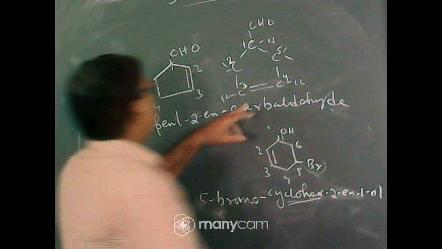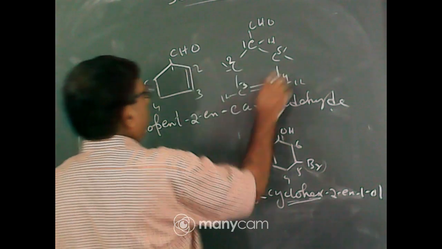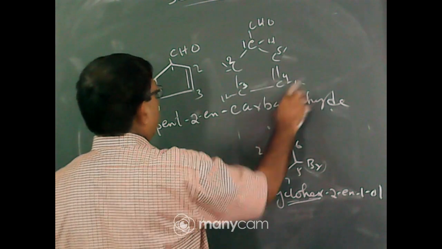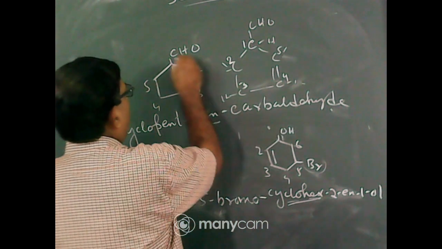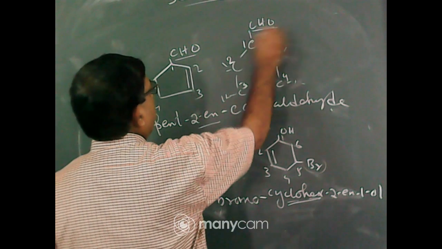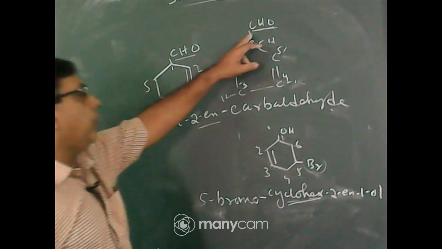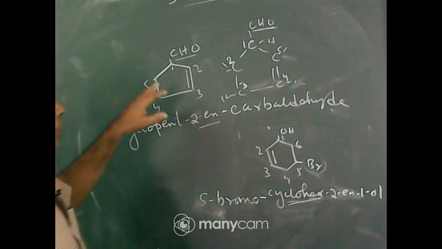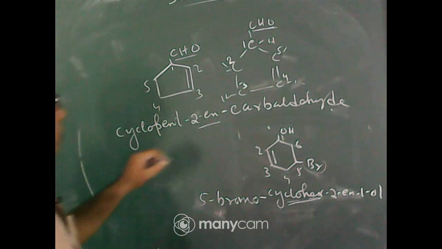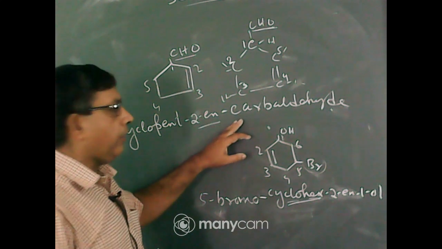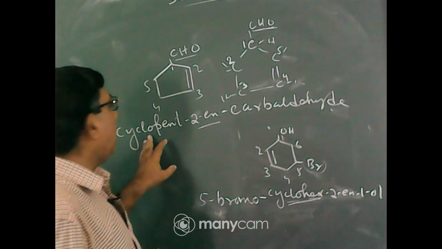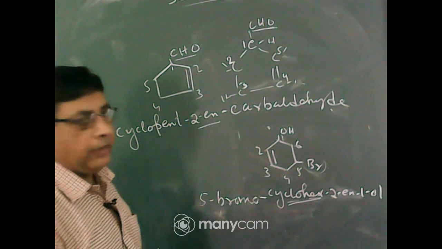At 2 what is there? A double bond, 2 ene. And at 1 what is there? Aldehyde, CHO, this is called carbaldehyde. Because this carbon you don't count in the ring, you have to mention this carbon atom, so it is not aldehyde but carbaldehyde. So this is called cyclopent 2 ene carbaldehyde.